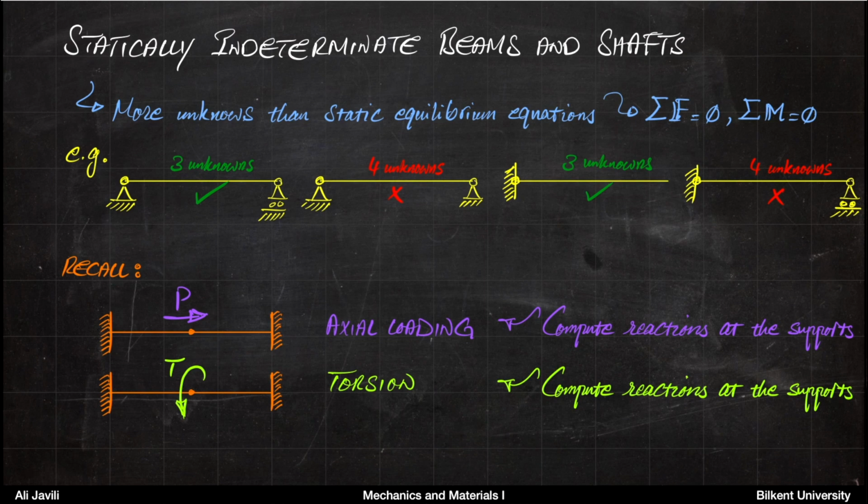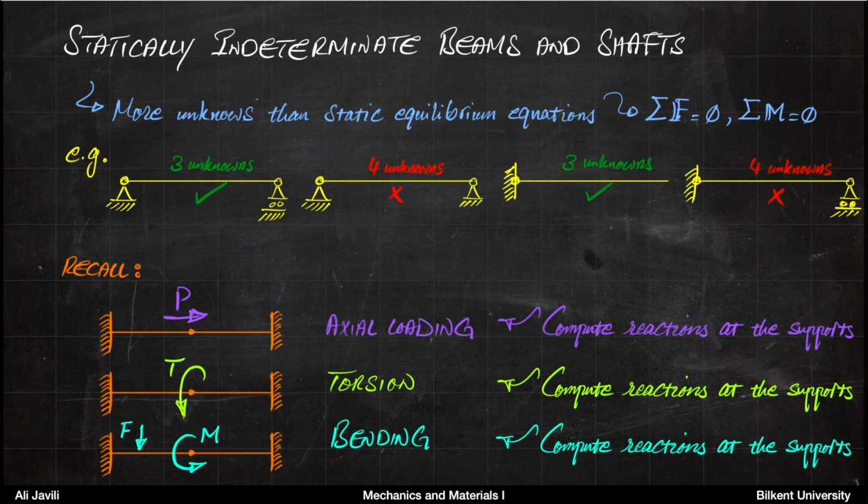Then we also talked about torsion problems that were statically indeterminate, and then again we talked about calculating the reactions at the support, and also even about the bending problem itself. So if you want to compute the reactions at the supports, this could be our new type of statically indeterminate problem. So this is what we want to do. How to calculate the reactions at the supports.